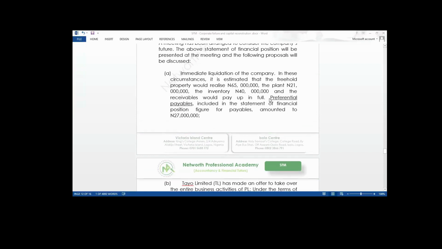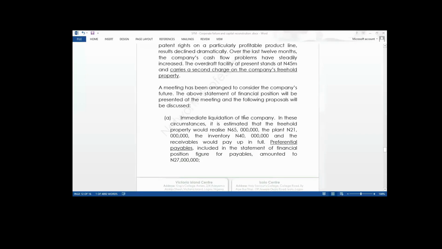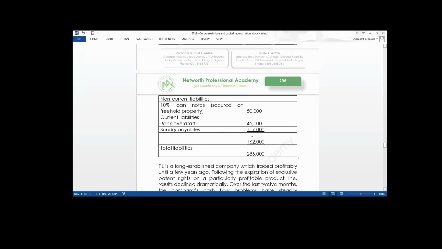I'm sure I read the question out. Examiner says preferential payables are included in the statement of financial position figures for payables. Out of these sundry payables, 117 million, 27 million of it is preferential payables.